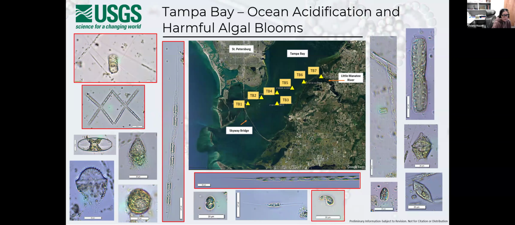Rhizosolenia, Thalassionema, Chaetoceros, Pseudo-nitzschia were dominant in these samples, and dinoflagellates were diverse, but interestingly, we didn't observe any Karenia brevis, but there wasn't a red tide during this collection. Still, it's kind of surprising we didn't see at least background Karenia during these samples.